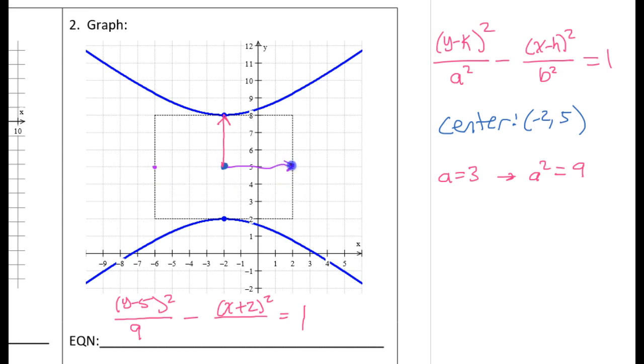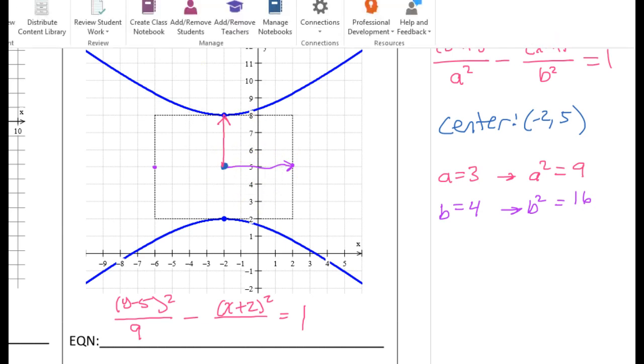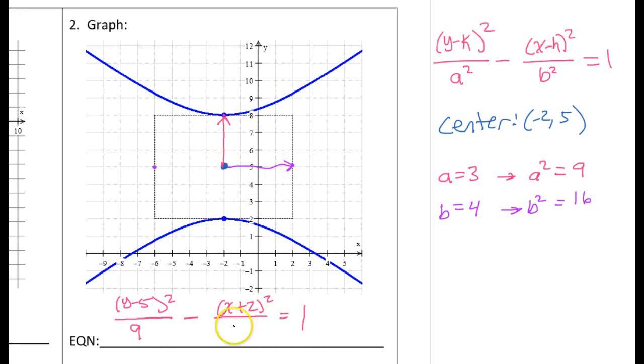So from a center to a co-vertex, that's the b value. So my b value is 4, which means that b squared is 16. Because this b value is horizontal, that's the x direction, then the 16 will go with the x term. So that's my equation.